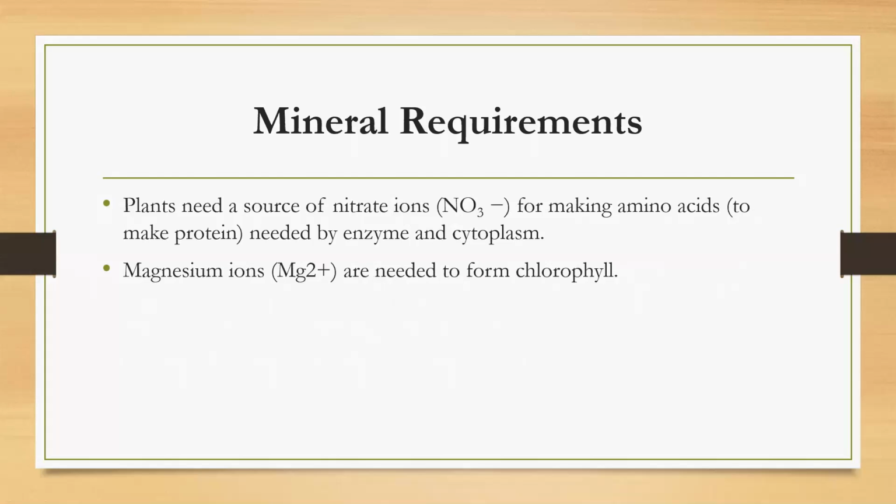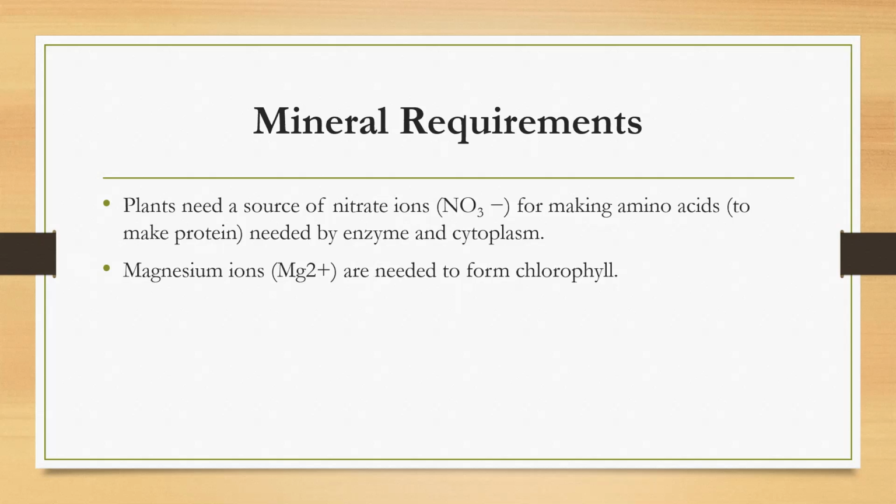And the last is mineral requirement. Of course, plants also need minerals for their life. First, there is nitrate ions, or NO3 minus, for making amino acid. And the function of amino acid is to make protein.